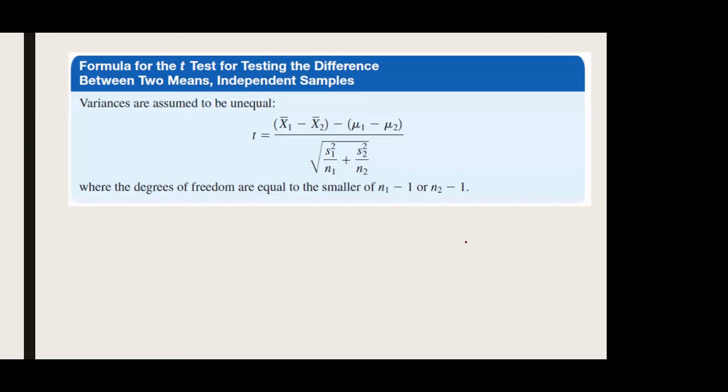So, if we have a variance that is unequal, so dalawa kasing case yan, it's either equal or unequal. So, if the variances are assumed to be unequal, so it means that the two population variances are unequal, then we can use this formula. It's actually very similar. Itong mga test na kasi ito is very similar siya.